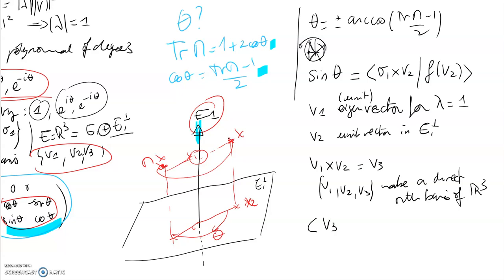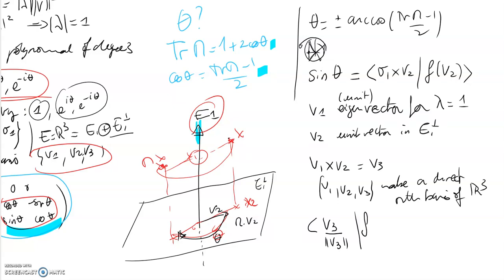So if you do this computation, what's happening? Assume that you have normed V3. F of V2 is actually the application M times V2. V2 is a unit vector that lives here, and you apply your transformation F, your matrix M, and it makes the theta rotation.